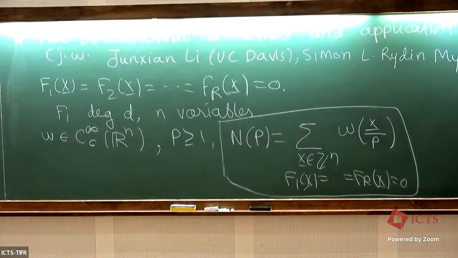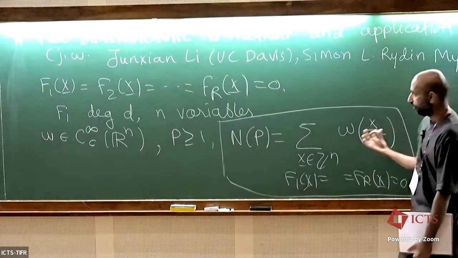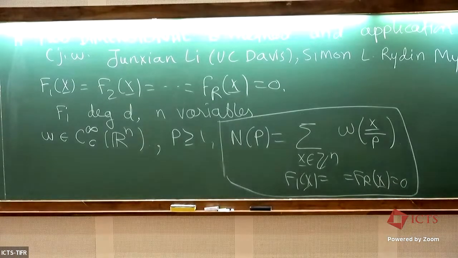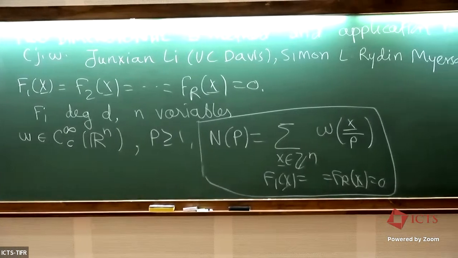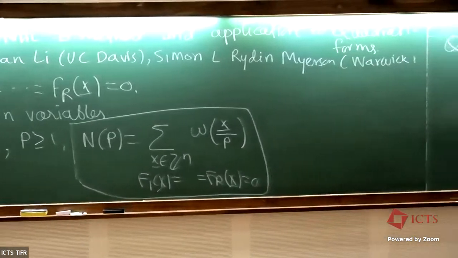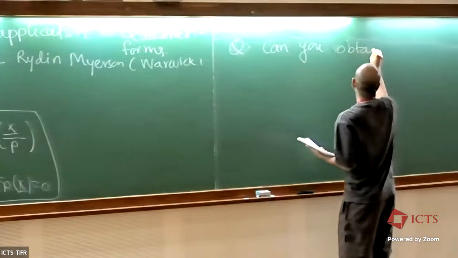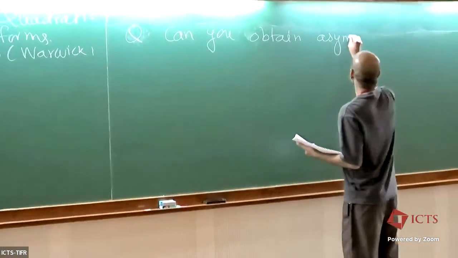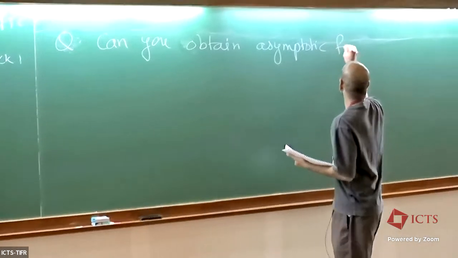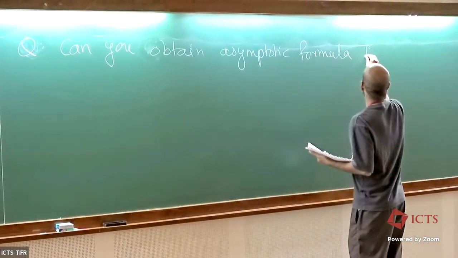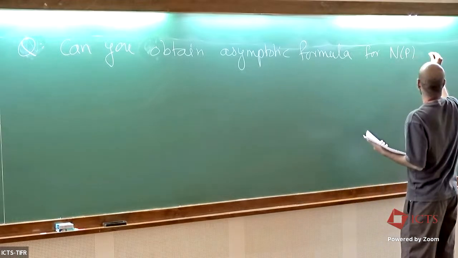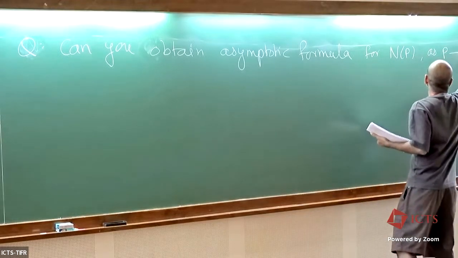And then I'm not only interested in just finding a rational point, but you can ask finer questions. This was mentioned in Tim's problem session yesterday, for example. So the question is, can you prove an asymptotic formula for this function N(P), as this parameter P goes to infinity?